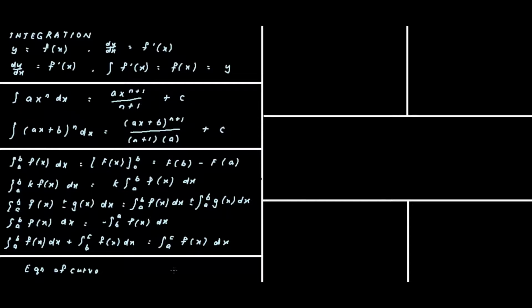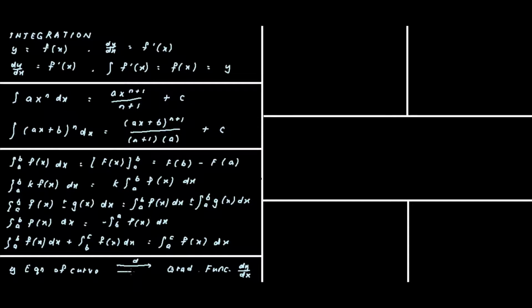The equation of the curve is what we normally call y, and the gradient function is dy/dx. So from the equation of the curve to the gradient function, what you need to do is differentiation.